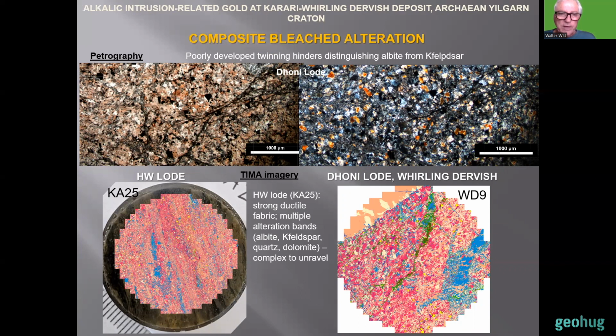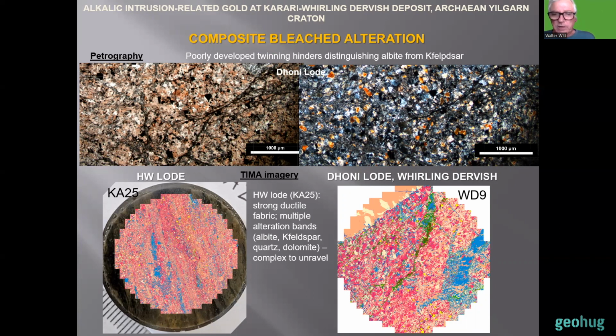That sample there, KA25, from the hanging wall lode, is predominantly banded quartz and K feldspar, the blue being an asymmetrically folded calcite vein. So ductile deformation in the hanging wall lode has really obscured the initial formation of the composite hydrothermal unit.